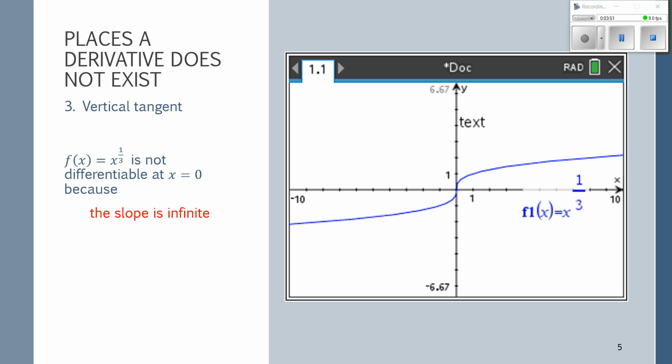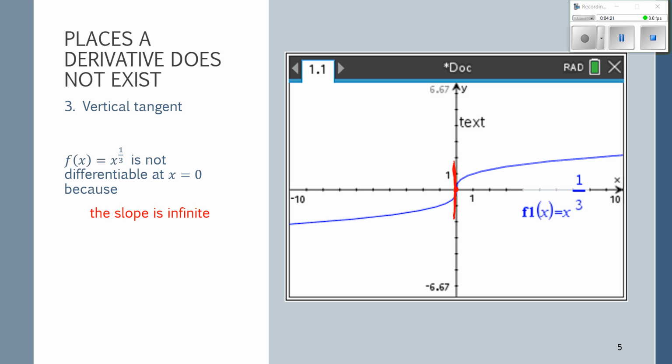The third place that a derivative does not exist is a vertical tangent. Now, please note, this is a vertical tangent, not a vertical asymptote. Vertical asymptote is going to be coming up on the next slide. With a vertical tangent, my function is continuous. It just happens to be that at one specific point, when I draw the tangent line, it is a vertical line.